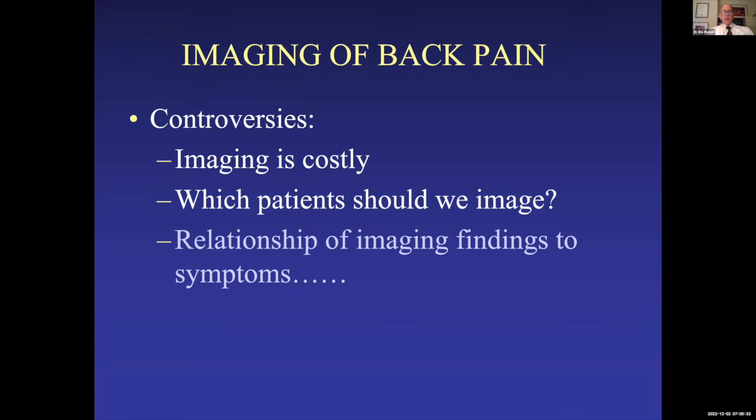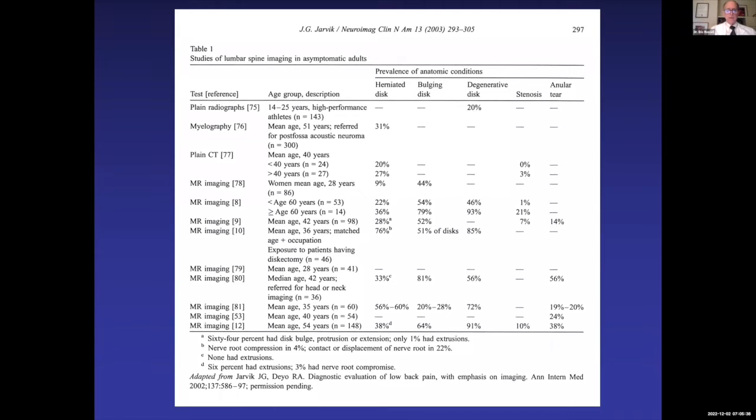So we mentioned imaging is costly, so who should we image? There's a guy named Jerry Jarvik who practices in the Seattle, Washington area in the United States, who's done a lot of work on trying to figure out who we should and shouldn't image with back pain. And this is from one of his papers in 2002.